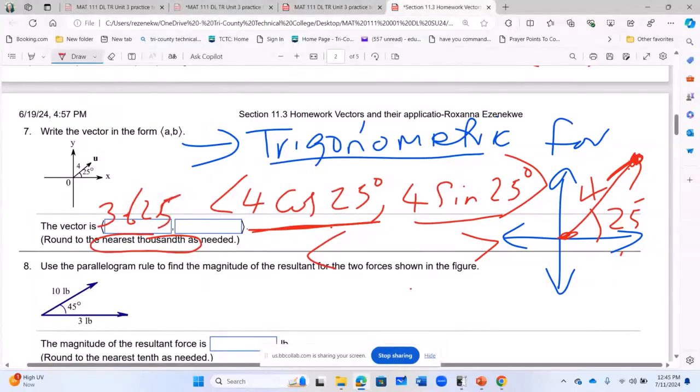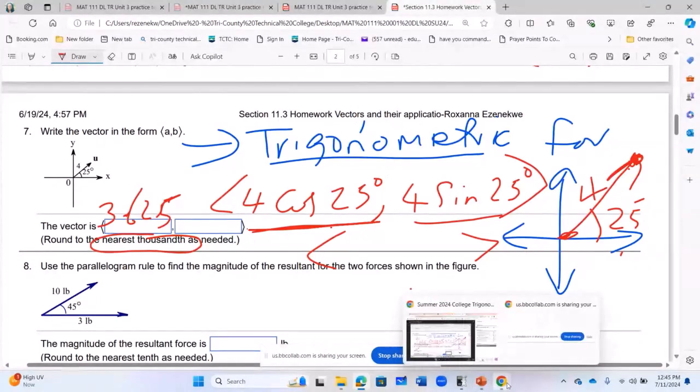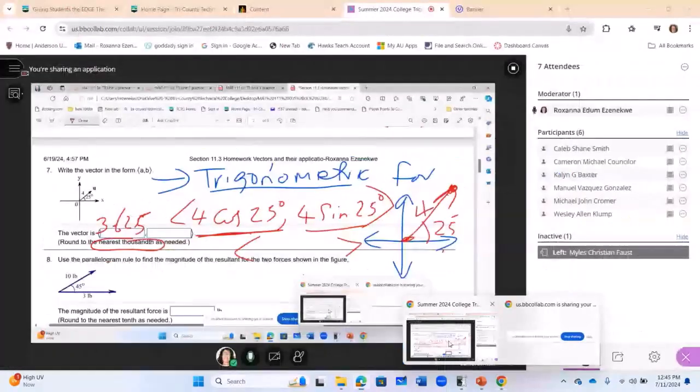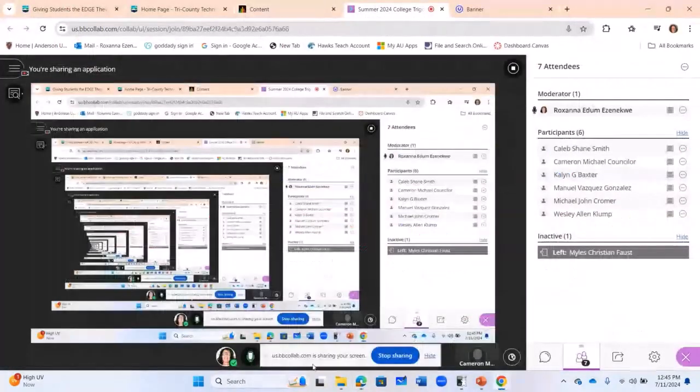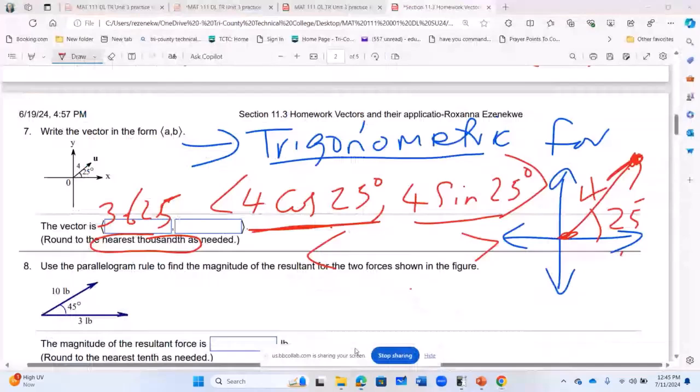Likewise, the vertical component is the y. So 4 multiply sine 25 degrees. This vector is in the first quadrant, so I don't have to worry about all students take calculus, because all 3 ratios are positive in the first quadrant.